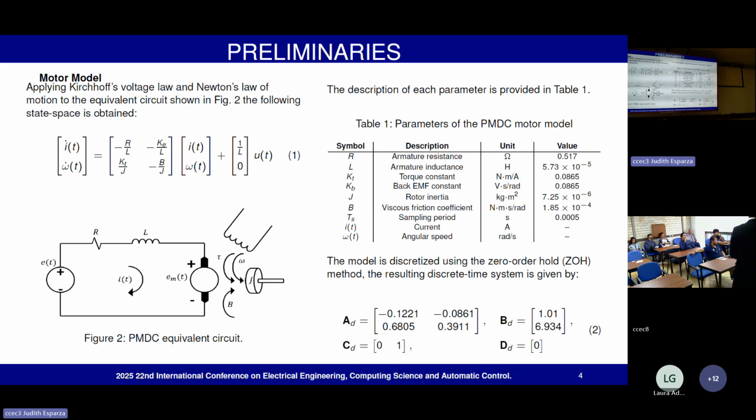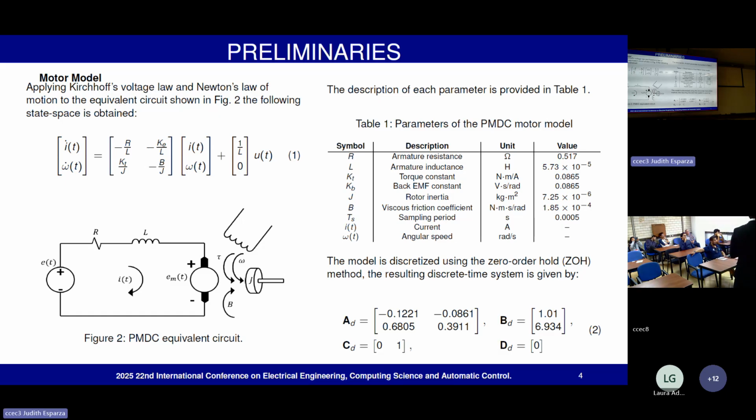So the preliminaries of this work start with the motor model. The model is defined in equation number 1. It has all the parameters like the stator resistance, the inductance, and other constants. The model is obtained after applying the Kirchhoff voltage law and Newton's law of motion to the equivalent circuit shown in figure number 2.